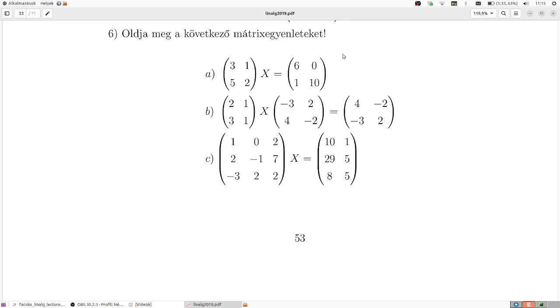Then I also got ugly numbers here, so I was not sure that this is good. So I also checked the result by substituting the X matrix into the original equation. So this is a check. You can do it during the test if you are fast enough.